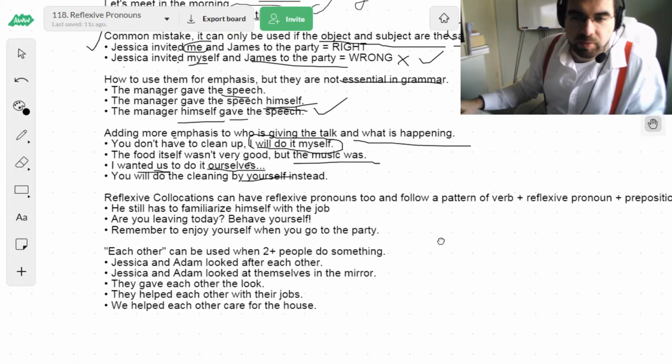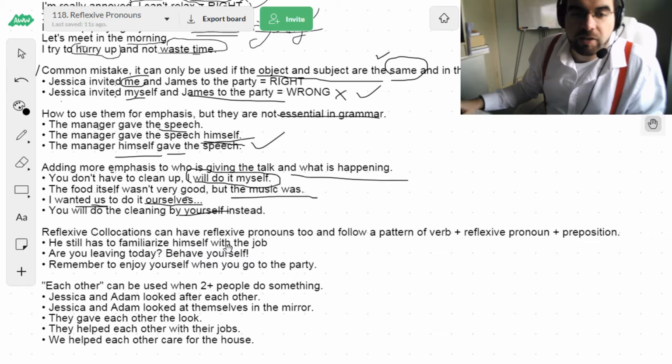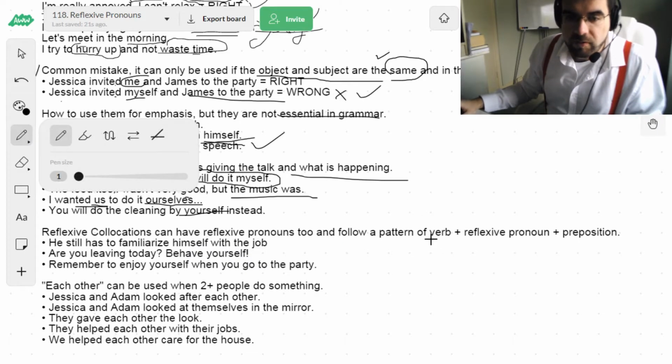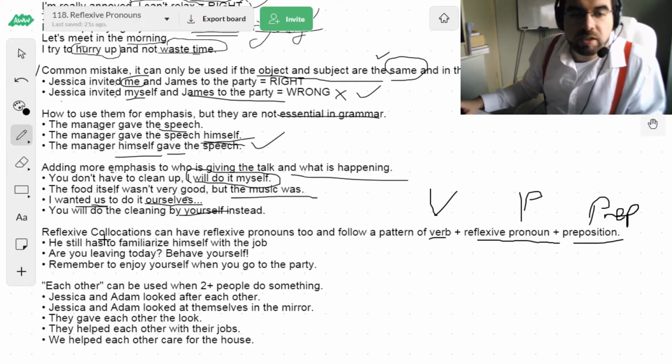But look, what do we got here? Reflexive collocations can have reflexive pronouns too, and follow the pattern of verb, reflexive pronoun plus preposition. Verb, pronoun, and preposition. So we're using words together, collocations, with the reflexive pronoun.